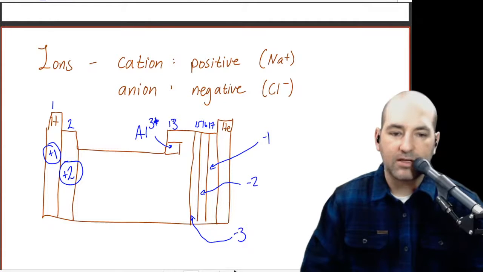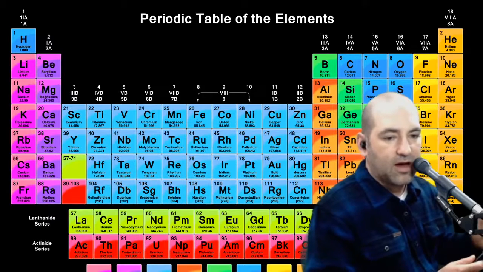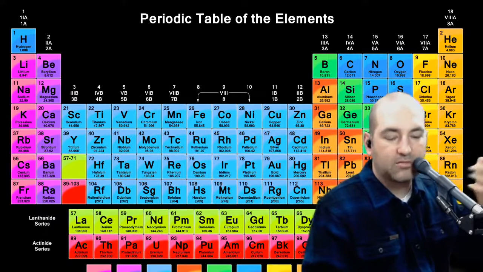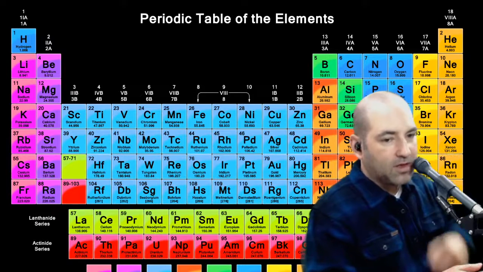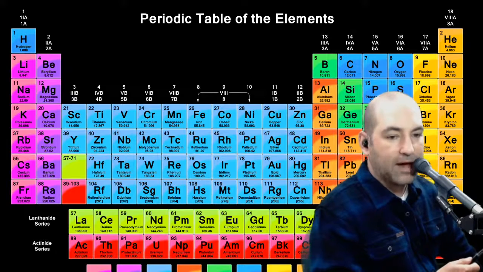All right, so back to the periodic table. Let's interpret that again. The column to the far right, these are the noble gases. These don't really make ions, so we can just ignore those. Then the next column over, those are the halogens, and those are generally -1 ions.